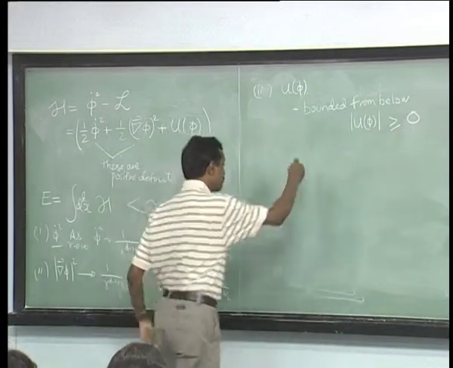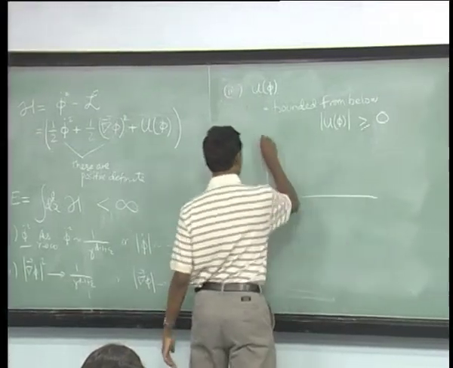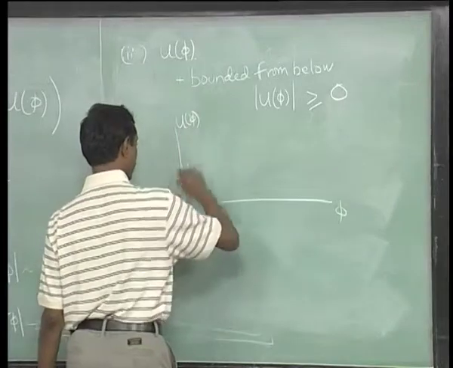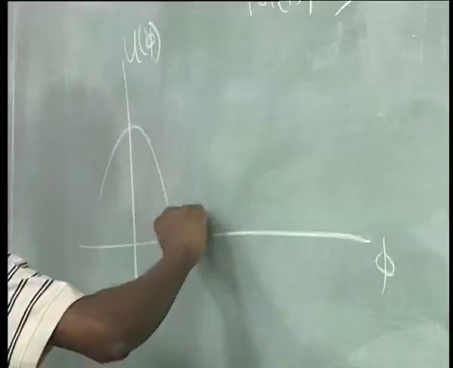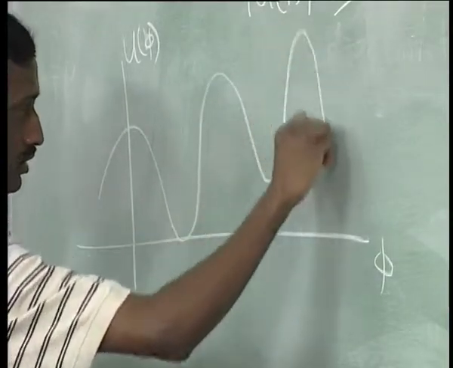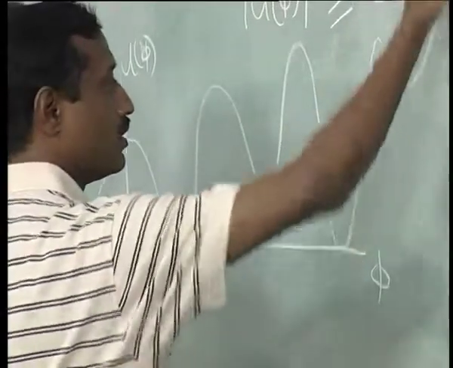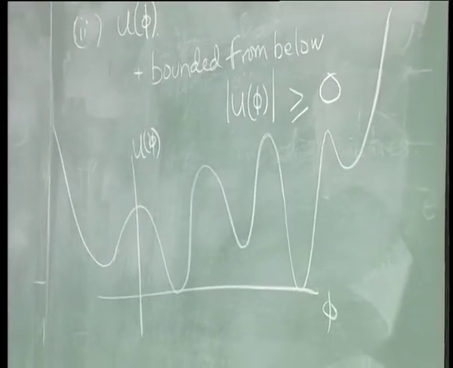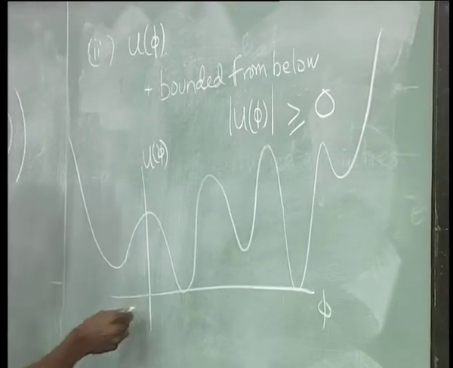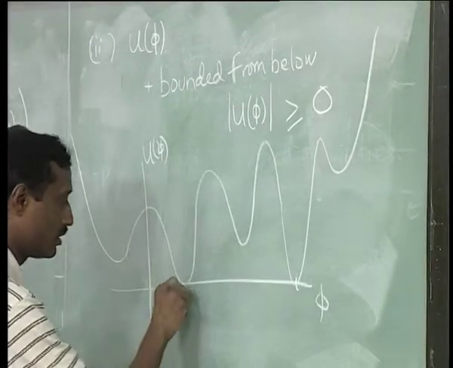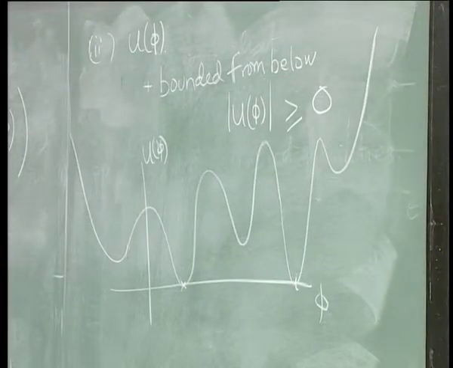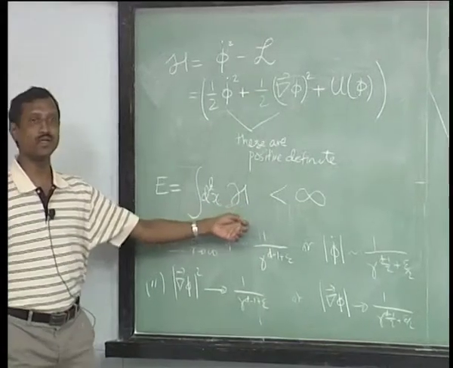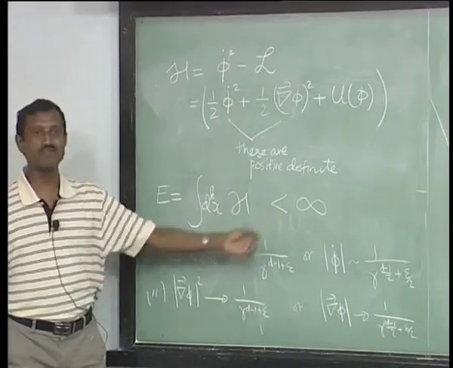So the possibilities would be U of phi versus phi, stuff like this. Let us draw some functions. It can have many shapes, can go off to infinity, could be something like this, okay. And it is important that there are points which have 0, okay. So now we have come back to the fact that we would like the energy to be not just positive definite, we want it to be finite.